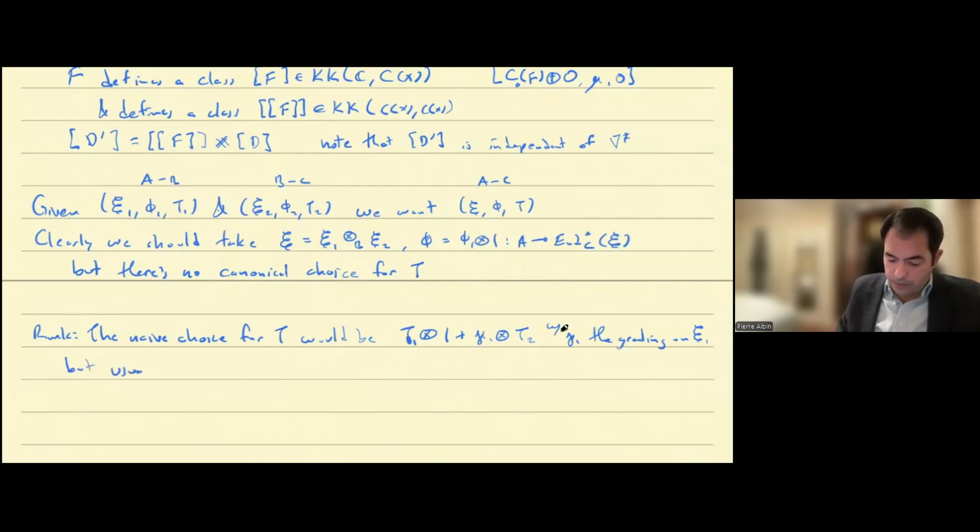But unfortunately, usually this tensor product, the second term, is not well defined, because T2 does not commute with B.